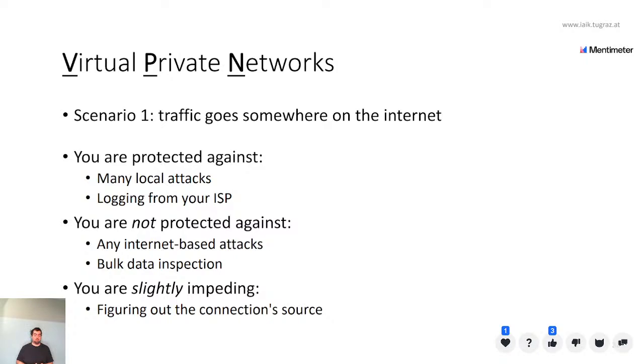The connection from the VPN to the target is still unprotected, unless the application layer takes care to be secure. But if the application layer takes care, obviously, then, well, what are you worried about?